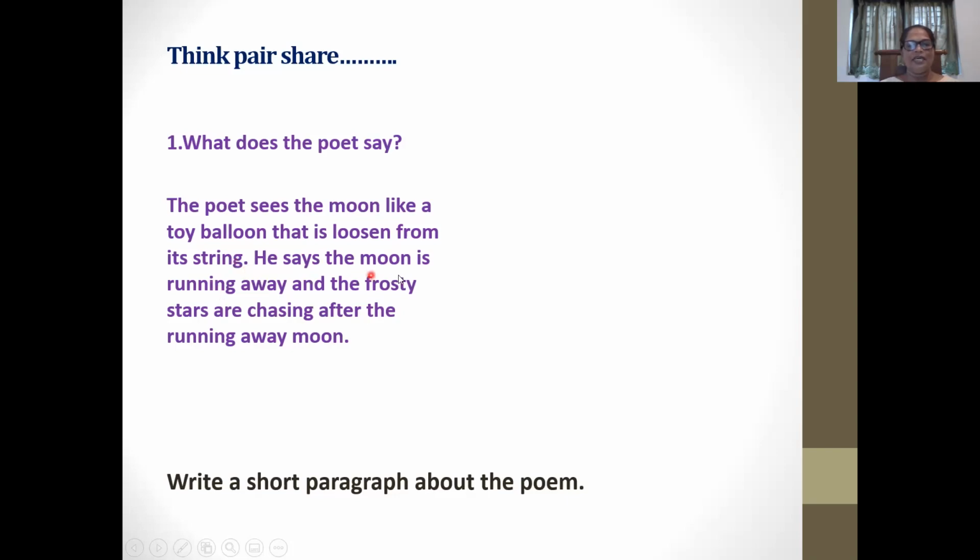Also, he says, the moon is running away and the frosty stars are chasing after the running away moon. That also you can break into parts. He says the moon is running away. You can keep a full stop and then start the new sentence and start with a capital. And the frosty stars are chasing after the running away moon.